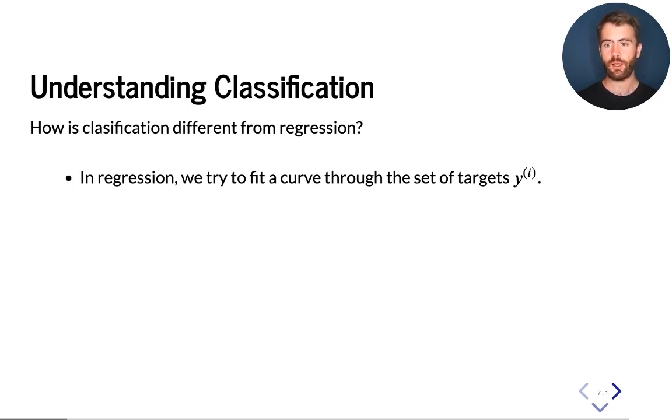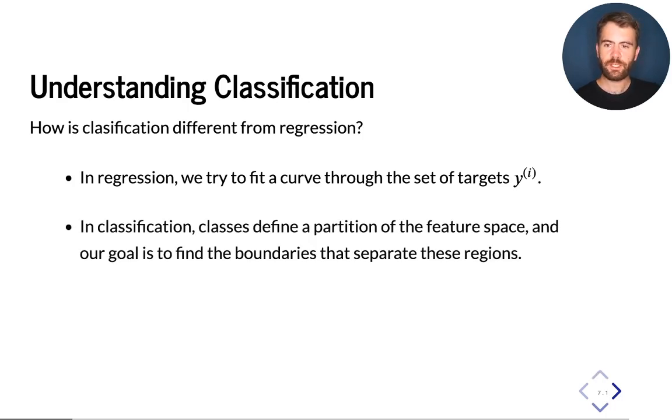We fit a straight line to that data set, and we were looking for a line that passes through the data points that we had. We also then tried fitting more complex polynomials, and these are all curves that try to fit the true shape of the data in regression. In classification, the problem is a little bit different.